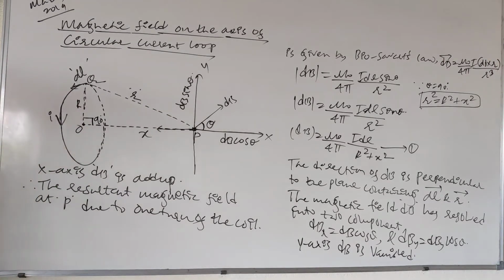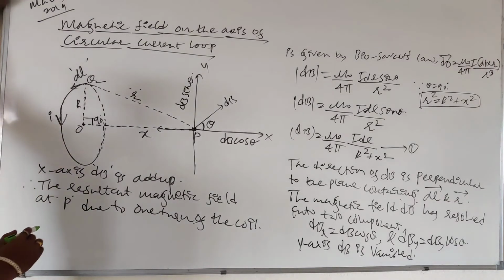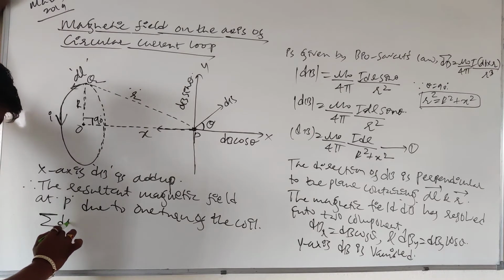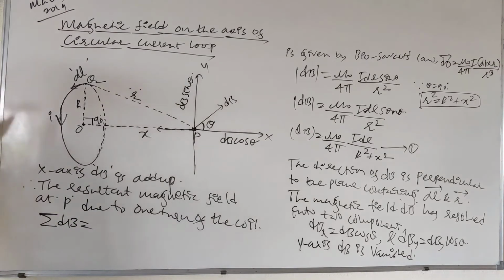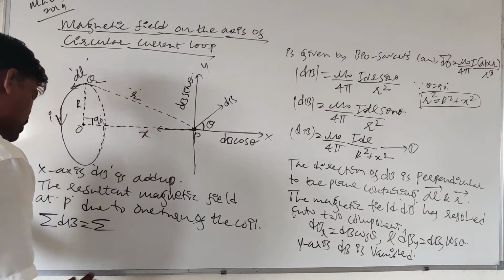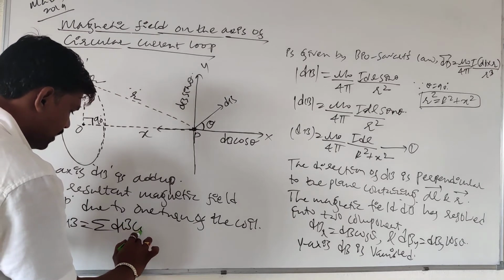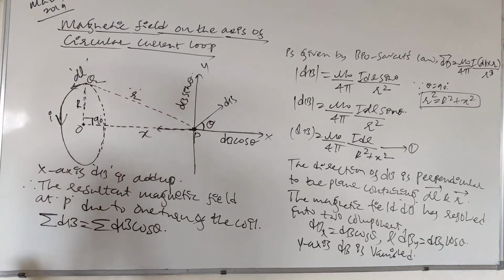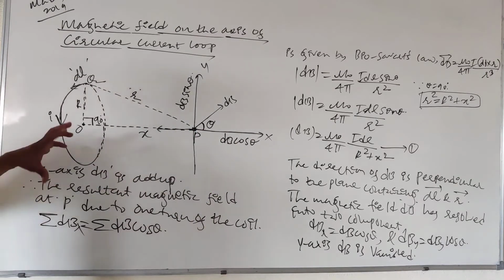So here summation of dB is equal to summation of dB cos theta. Or we can also take the summation of dBx, just one term.